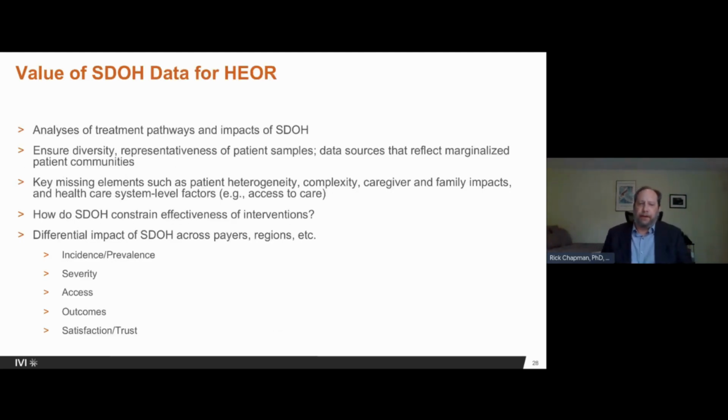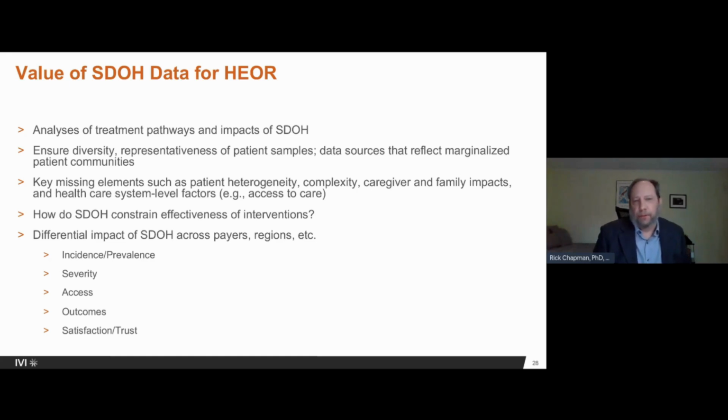So first I'll talk about some of the value that this data might have for people who are doing health economics and outcomes research. One thing that I think about first is looking at treatment pathways, and whether people with different types of social determinants of health end up going down different treatment pathways, and what some of the outcomes are that come from that.